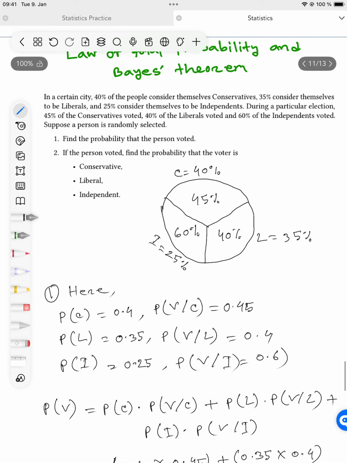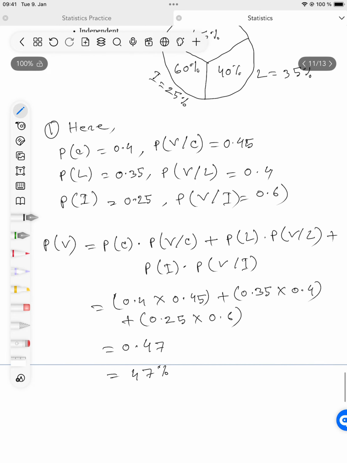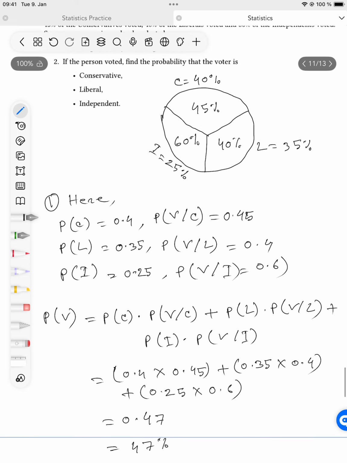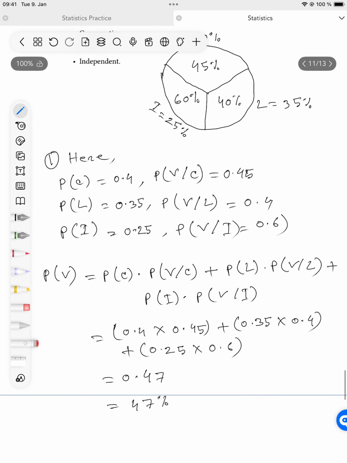So here the probability that a person voted is 47%. The probability of conservative is given, and then from the given voting probabilities, we find the total probability that a person voted.